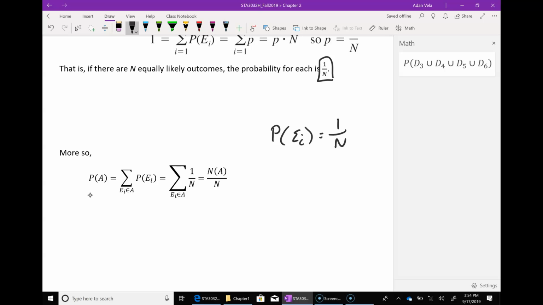Later on down the line, we'll deal with distributions where the probability of a simple event occurring is not equal. A good simple example of this is, let's say I pick one of you, and I want to guess the probability that you own a dog versus a lizard.